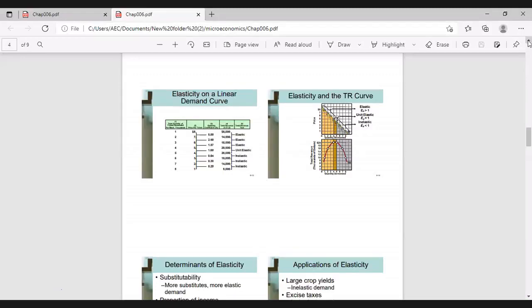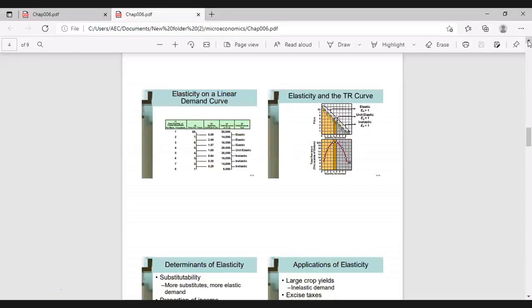So in the upper left portion of the demand curve, the percentage change in quantity is high and the percentage change in price is low per unit change. Then the elasticity coefficient value is high.